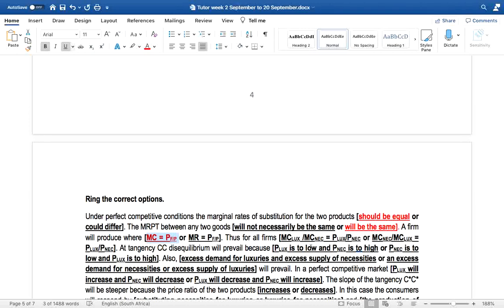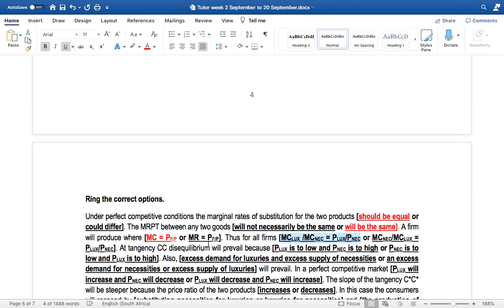The statement given is wrong. It should be marginal cost of luxuries over marginal cost of necessities is equal to price of luxuries over price of necessities.